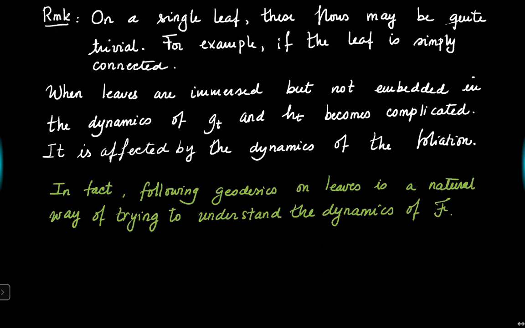So there's an alternative approach, which was introduced by Lucy Garnett, that has become more mainstream, which is following the Brownian motion on the leaves, so the Brownian paths, and see where they lead. And in fact, for foliations by hyperbolic surfaces, these two approaches are more or less the same.